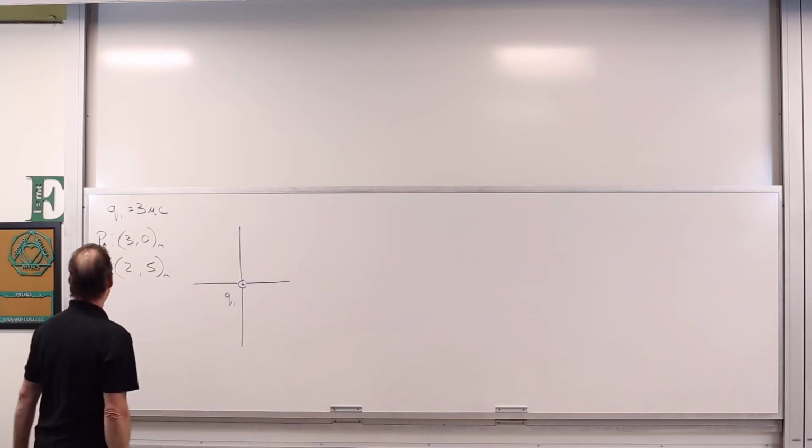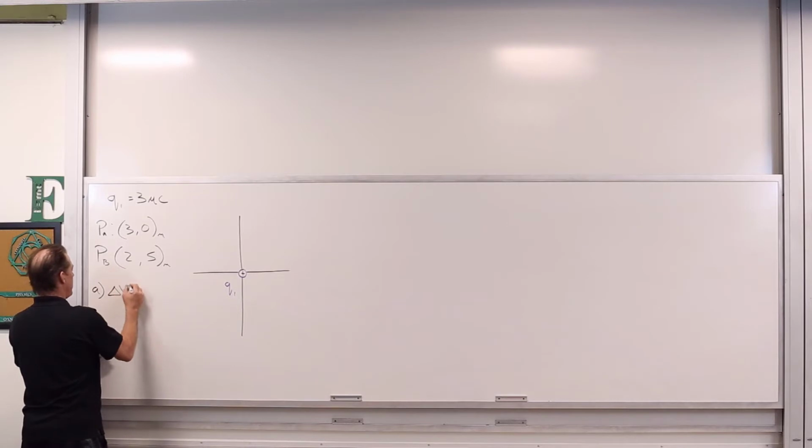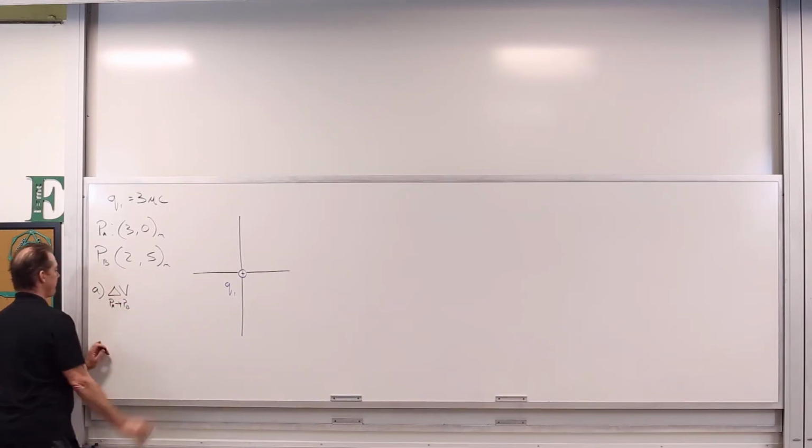So we want the potential difference between those 2 points, delta V from point A to point B.